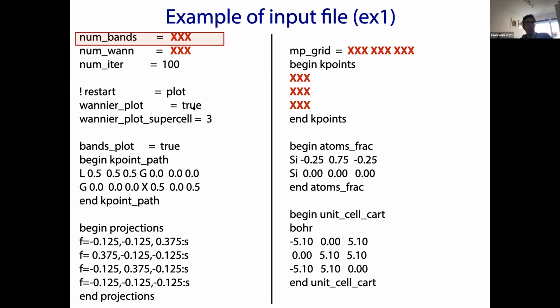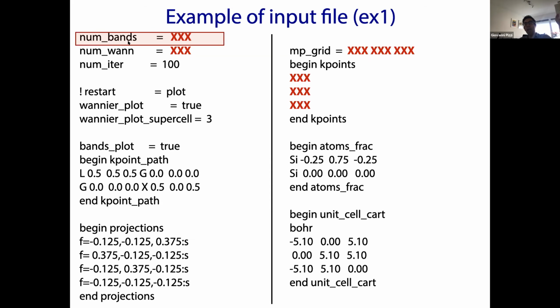I will not spoil the results here, so maybe I'll give you some seconds to think, and anyway Junfeng will help you. I don't want to discuss the values here, but I want to discuss more the flags. So the first flag you see is the number of bands. This is the number of bands that were computed in your DFT code.